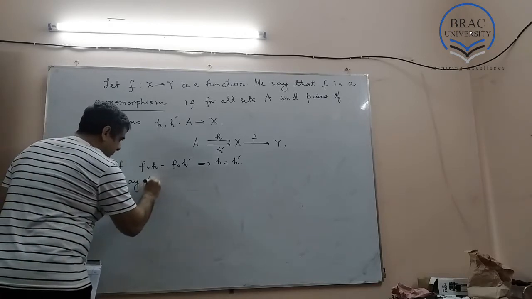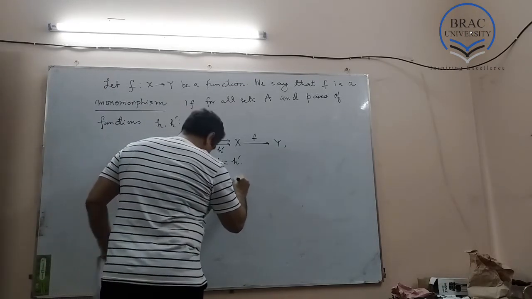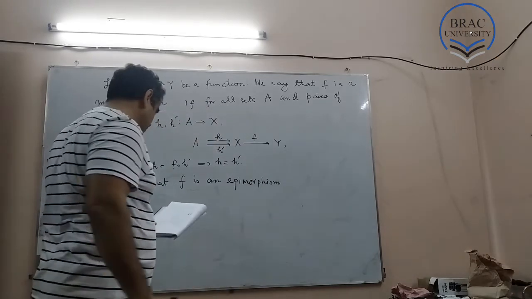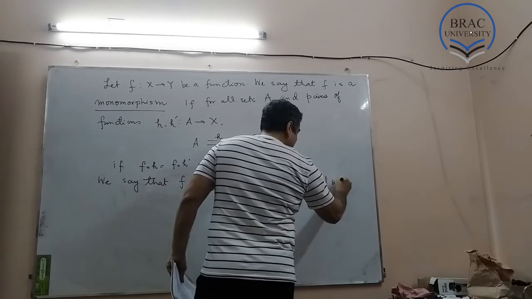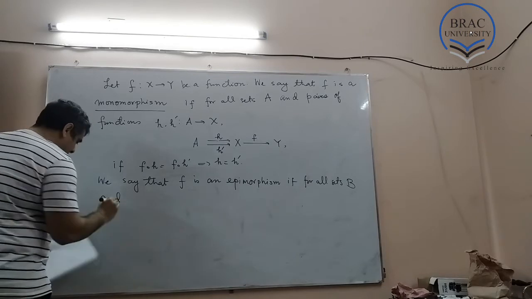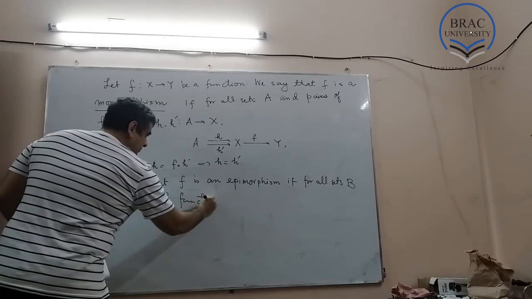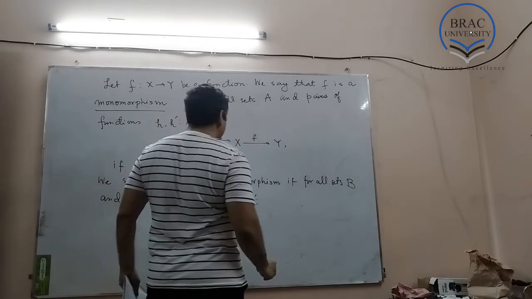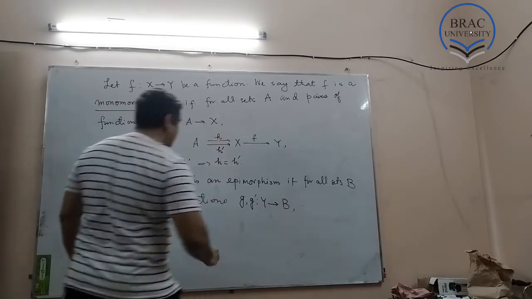We say that f is an epimorphism if for all sets B, and pairs of functions, again two parallel arrows, g and g prime from Y to B. Now we have another diagram.